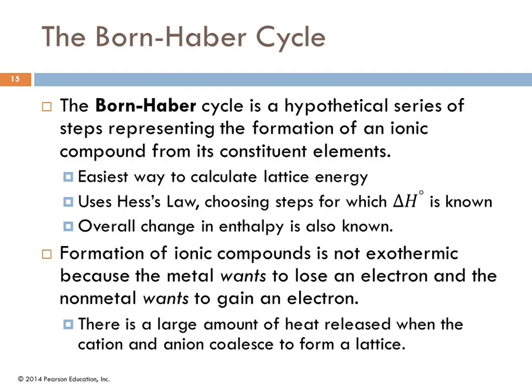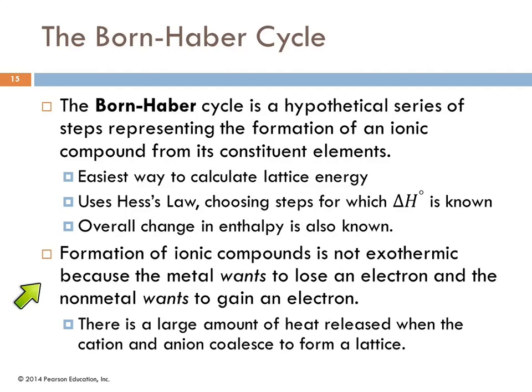So we're taking individual steps which are not actually happening, but we're taking steps that we know the energy for and adding them together so that we can find this missing piece. So we're going to use steps where the change in enthalpy is known, and that the overall change in enthalpy for the whole reaction is also known.